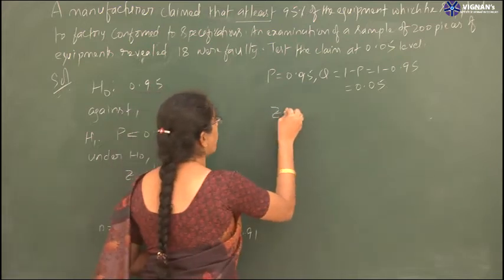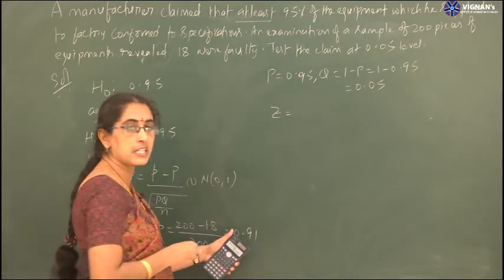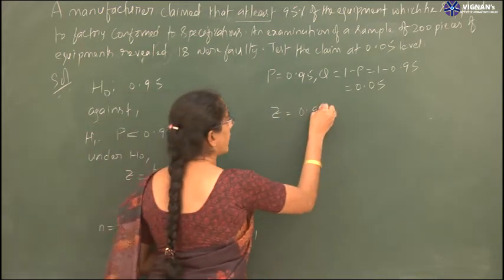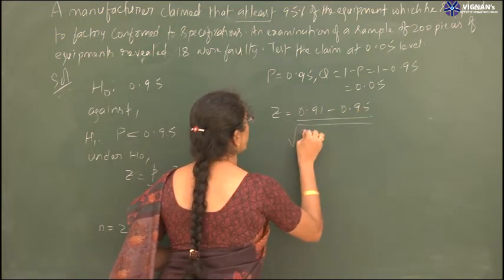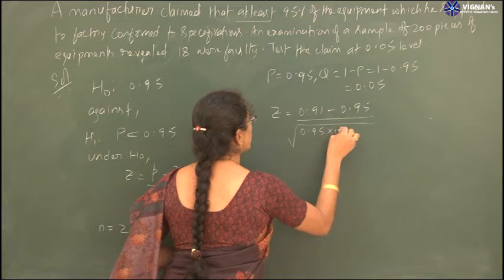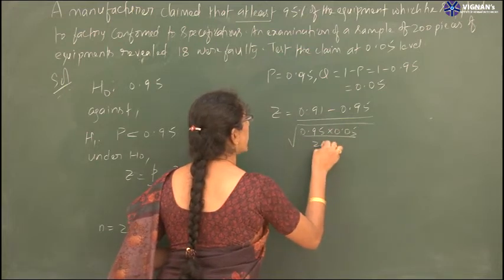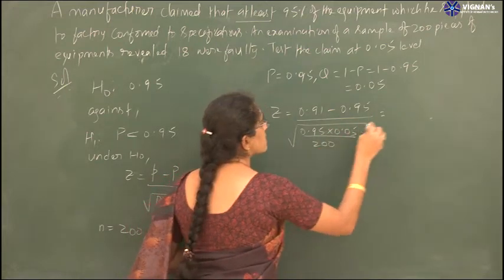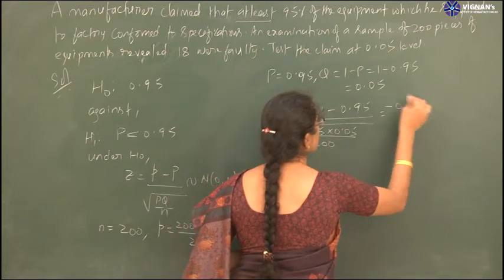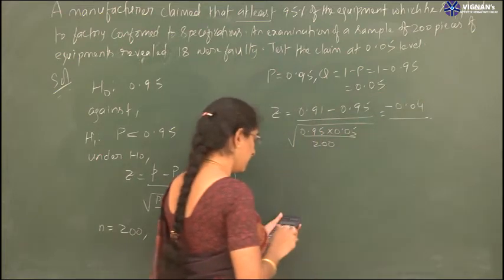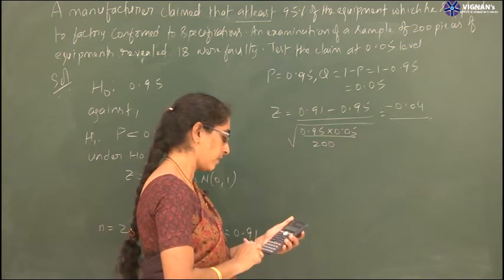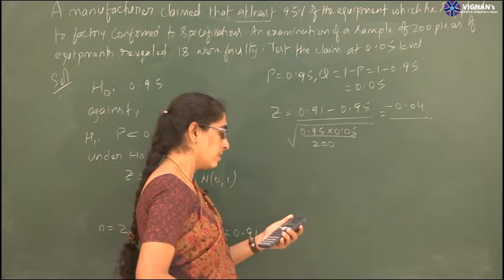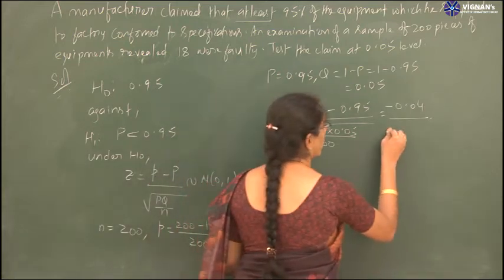Now substitute in the formula of Z. Small p minus capital P, 0.91 minus 0.95, by square root of 0.95 into 0.05 by 200. So this is minus 0.04 by the root, the denominator value is here 0.0154.